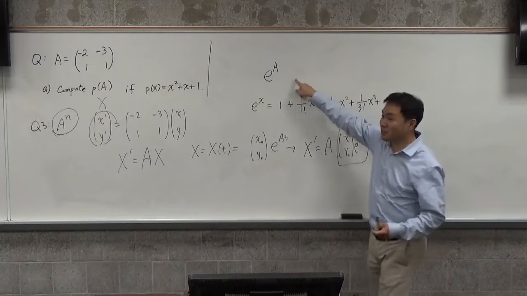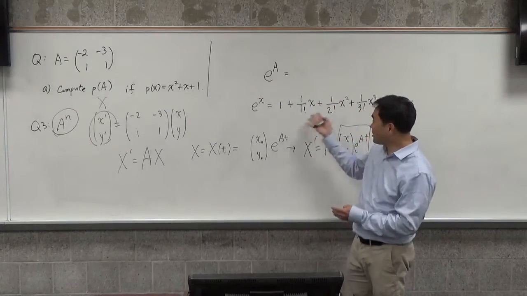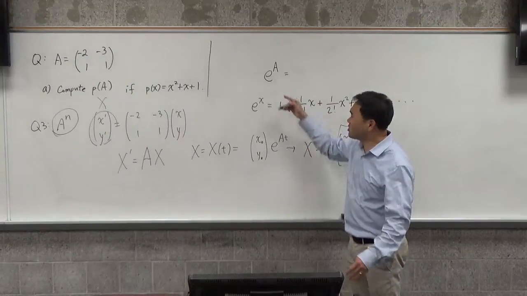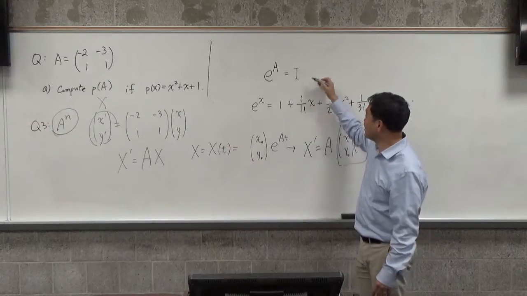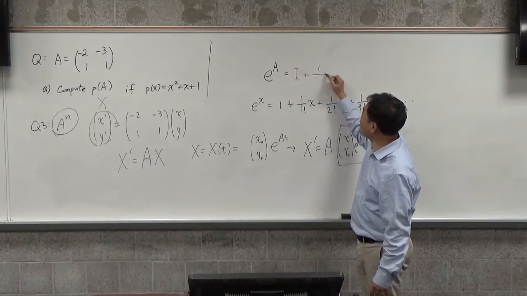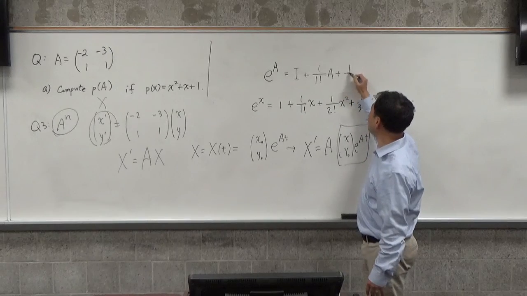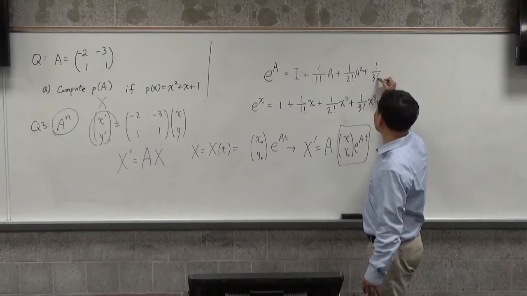So what would e to the A be? No, it's not 1, there's no 1 here. It's I, the identity matrix. Then 1 over 1 factorial A, 1 over 2 factorial A squared, 1 over 3 factorial A cubed.